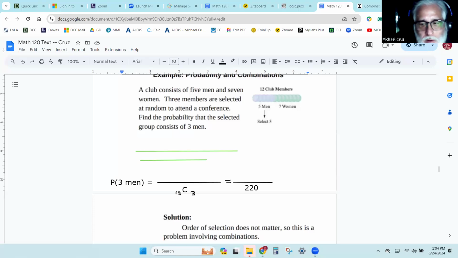And then up here, we're going to have 2 things. We put a couple of big C's. We're going to multiply the number of ways to pick the women and the number of ways to pick the men. All right. Now, so this would be men. And then this is women.